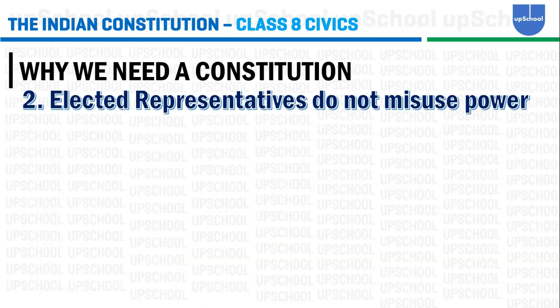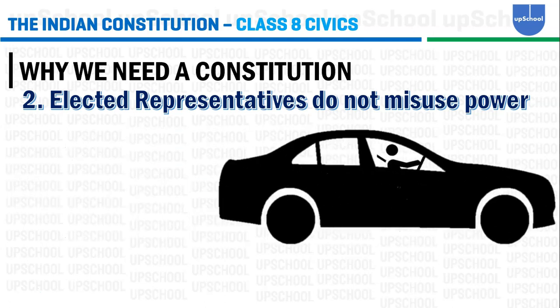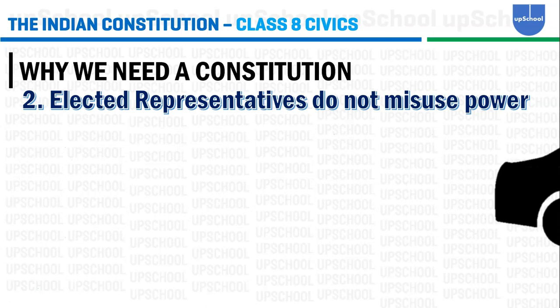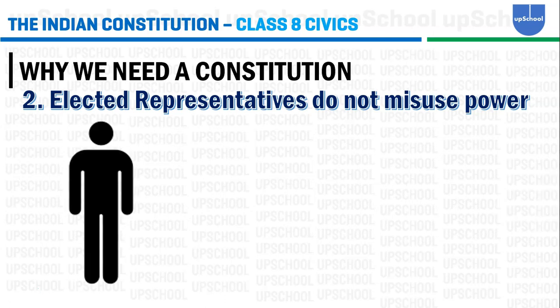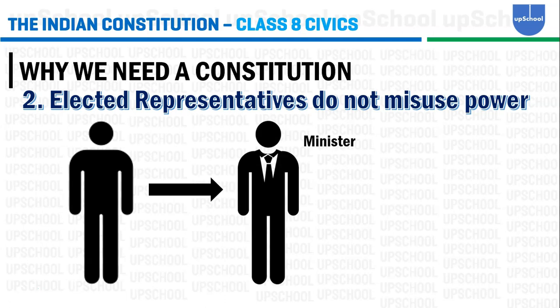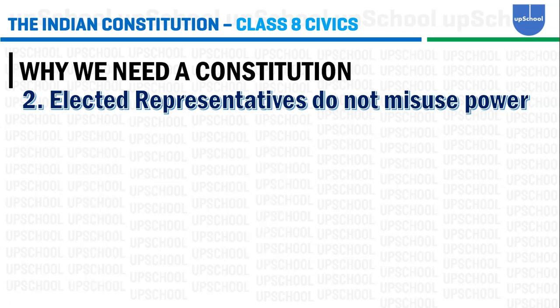The second reason why we need a constitution is so that elected representatives do not misuse their power. Let's try to understand this with an example. Suppose someone is guilty in a hit-and-run case, and the person who committed it is related to a minister, any chief minister of any state, whatever.